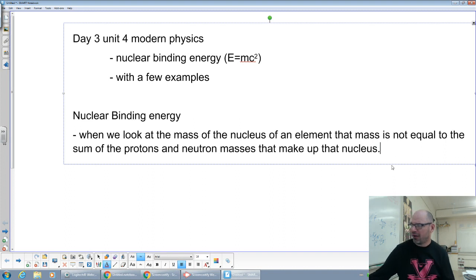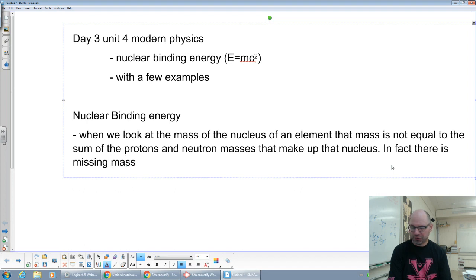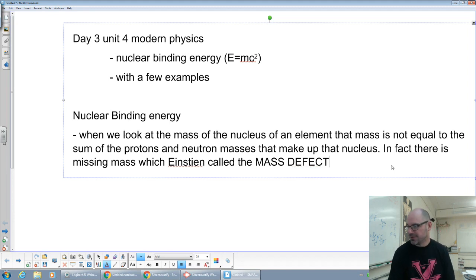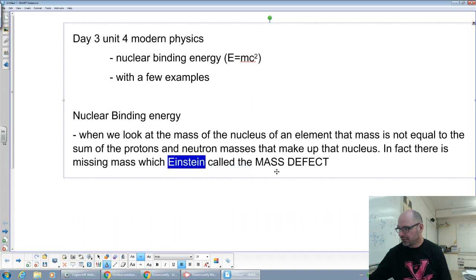Okay, so they're not equal. In fact, there is missing mass, which Einstein called the mass effect, not deficit. There we go.